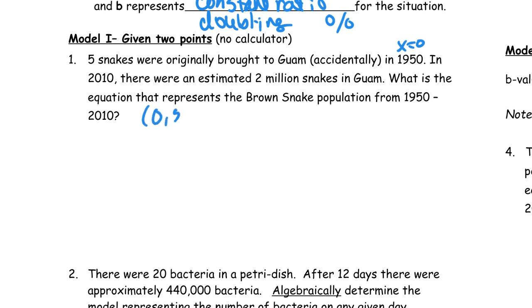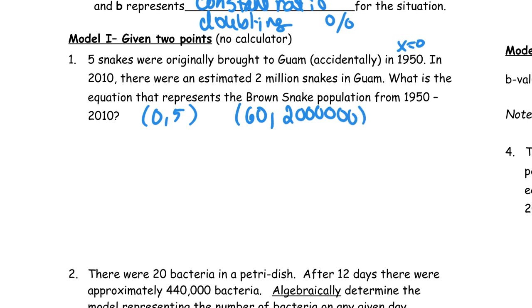So we have a point at 0, 5. Then it goes on to say there were an estimated 2 million snakes in Guam in 2010. So what's that? Another point. And that point would be? 2 million. 2 million snakes.